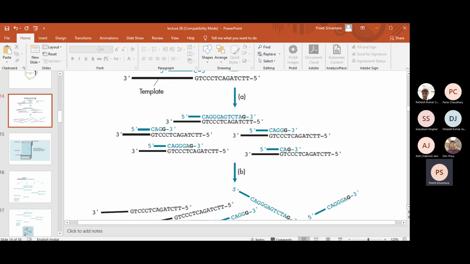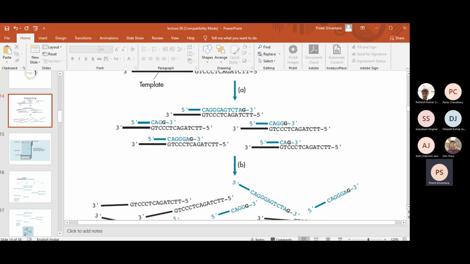Polyacrylamide. Yes, so you are going to use polyacrylamide gel electrophoresis in this case, and because these are small oligos, we use something like 20% polyacrylamide gels. And we perform denaturing polyacrylamide gel electrophoresis so that the strands are separated.